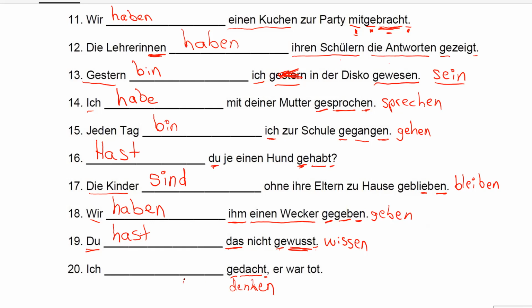You just have your helping verb and then your past participle. But when you think in German, you think thoughts and you think things, and therefore you have to have this as a transitive verb, and therefore again using a form of haben. Ich habe gedacht, I thought. War tot. This is the other past tense, the Präteritum, or the preterite tense. He was dead. I thought he was dead.